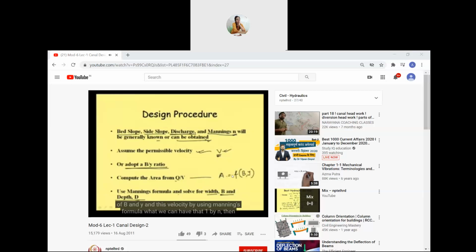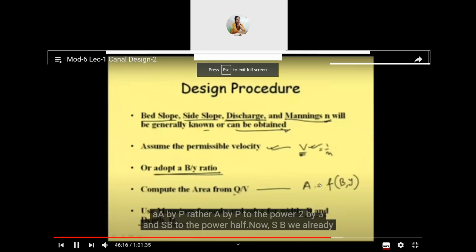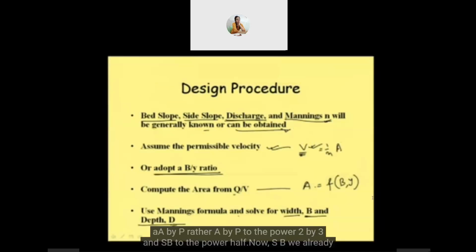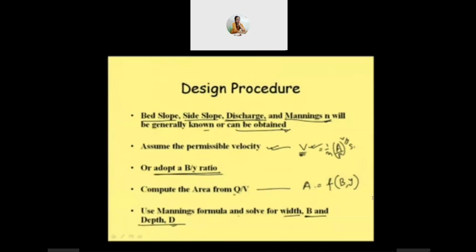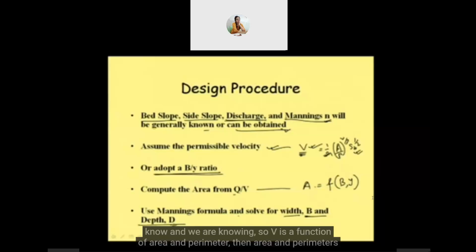And its velocity, by using Manning's formula, is V = (1/n) (A/P)^(2/3) S_b^(1/2). Now S_b we already know, n we know, so V is a function of area and perimeter.